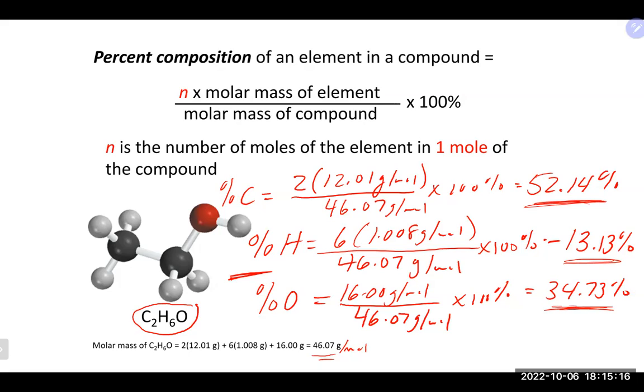This is something that's used a lot when we try to find the empirical formula. A lot of times you are given the percent composition by mass of each of the elements in a compound. And what we're going to talk about next is how to go about solving for empirical formulas. A reminder that there are two types of formulas that we come across here, which we kind of did in the experiment last week.